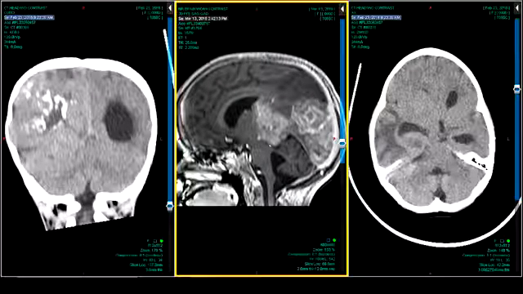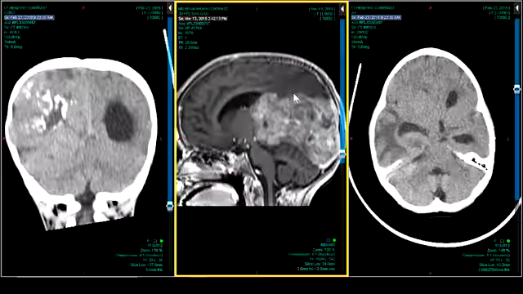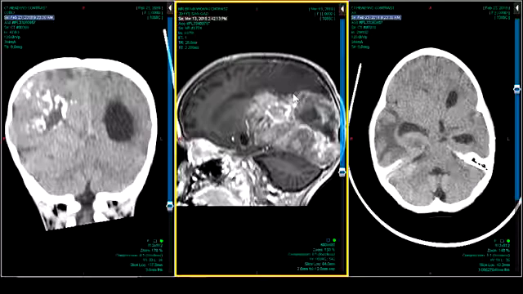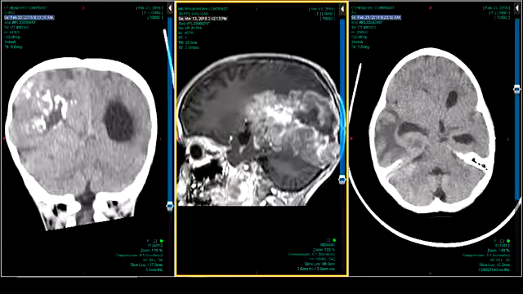And I agree with you that the patient's old for an ART tumor. Most of the time, ART tumors, atypical rhabdoid lesions, occur before age 2. Average age, I think, is 1.2 years. So the patient's too old, and they don't have this really crazy gyriform pattern of enhancement.